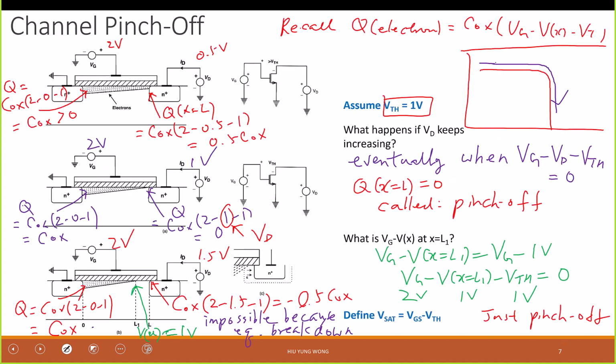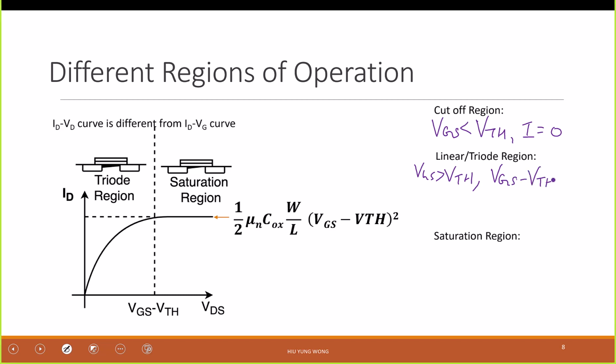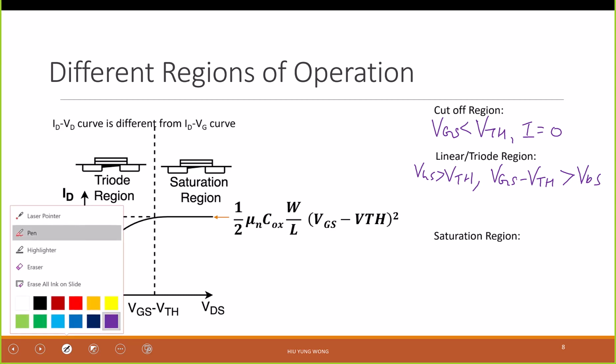When do we have the pinch off? Let's look at this again. When VGS minus VDS minus VTH equals 0. If you rearrange them, you can go home to rearrange, but basically it is this. When VGS minus VTH is larger than VDS. I say right. Smaller than VDS, I'm sorry.